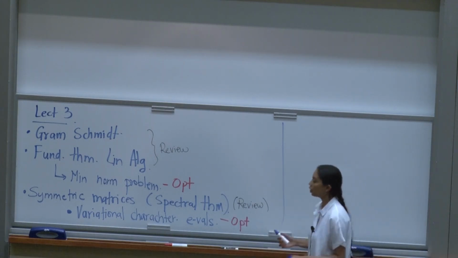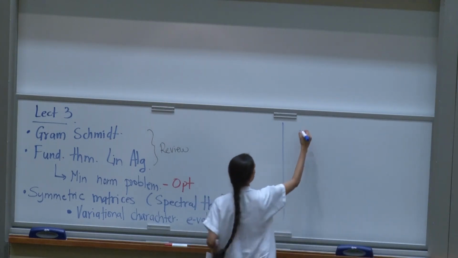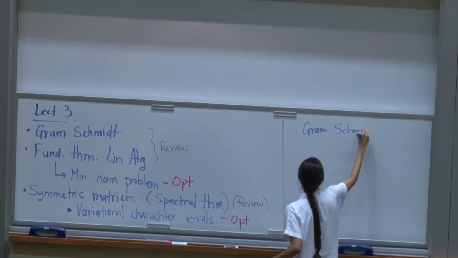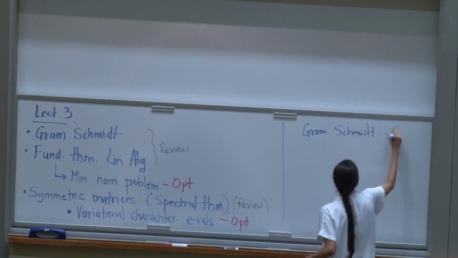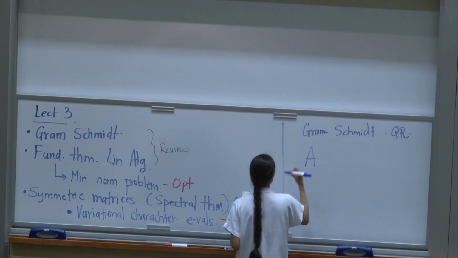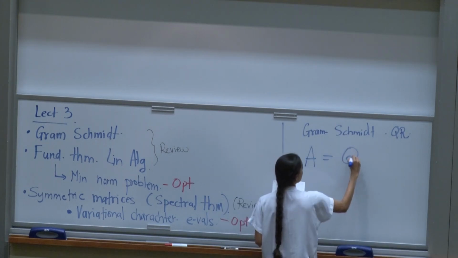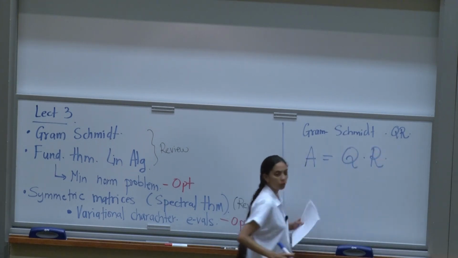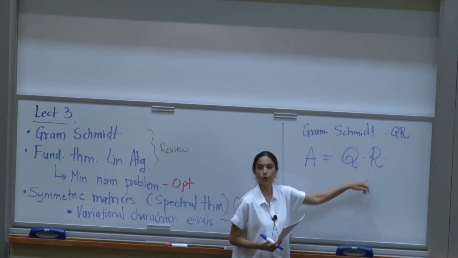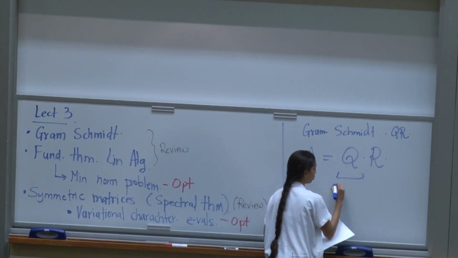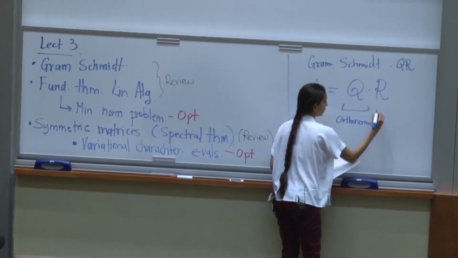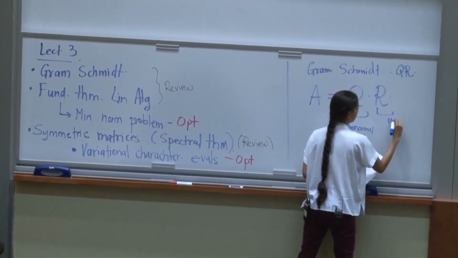Okay. So just a quick clarification on Gram-Schmidt that we talked about last time and the QR decomposition. I'm not going to go over it again, but I made a small typo last time that one of your colleagues thankfully pointed out. What the Gram-Schmidt or QR decomposition allows us to do is write A as the product of Q and R, where Q is orthonormal and R is upper triangular.